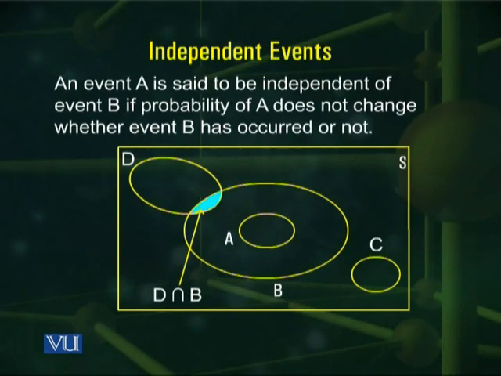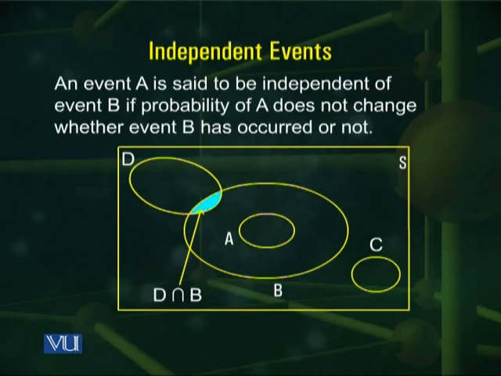In this Venn diagram, we are taking D and B because they have some overlap and they are good candidates for checking independence. In this Venn diagram, assume that all these figures have probabilities proportional to the enclosed area. This supposition is against the spirit of a Venn diagram, but for the sake of argument, we'll go along and say that the enclosed area represents the probability of an event.